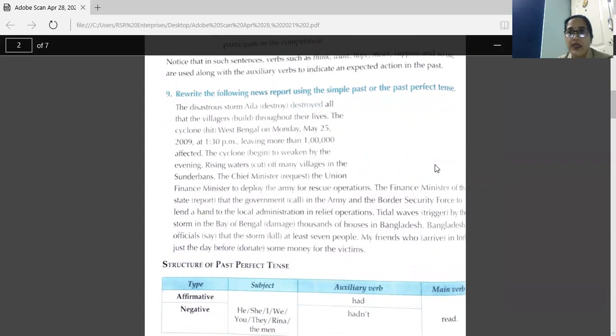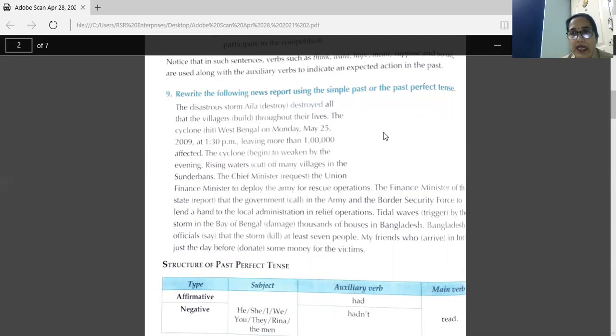Here, this exercise now. Rewrite the following news report using the simple past or the past perfect tense. First is done. The disastrous storm Ella destroyed all that the villagers had built.